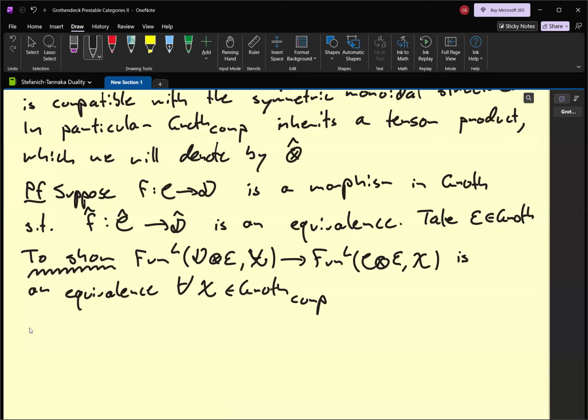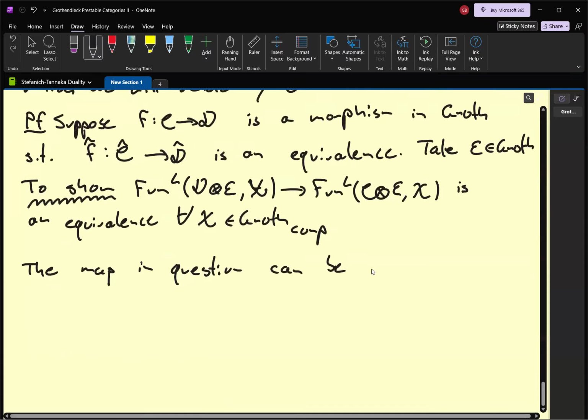So now this is kind of a very cheap trick. Because what we can do, the map in question can be identified by just adjoining over.